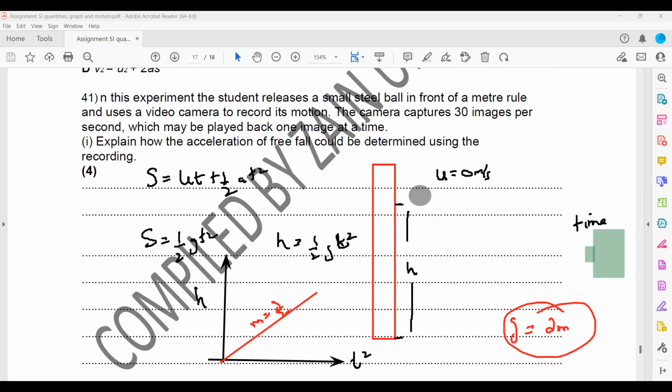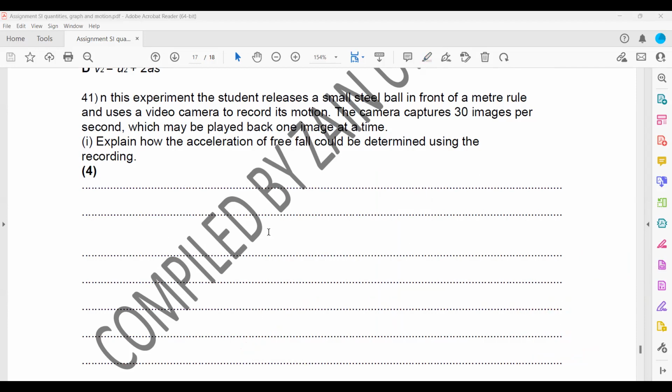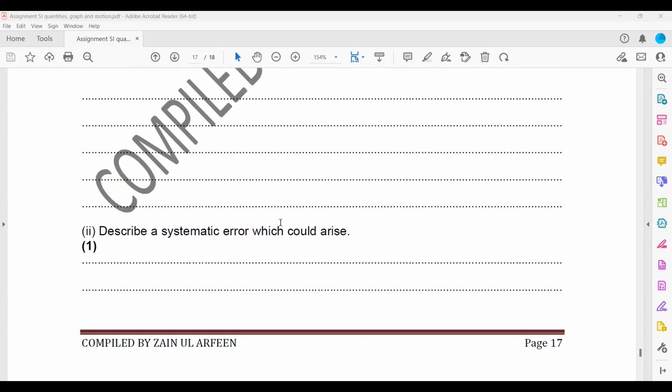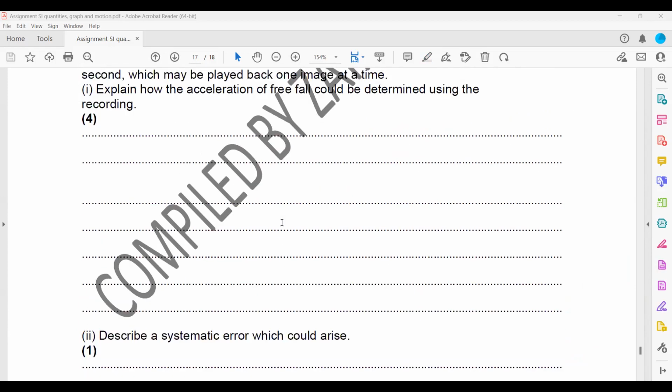So gradient will be equal to half g, or g is equal to twice the gradient. So these are the points you should mention to work out the acceleration of a free fall. Sometimes we may have a stopwatch, sometimes a camera, or light sensors, light gates can also be used.